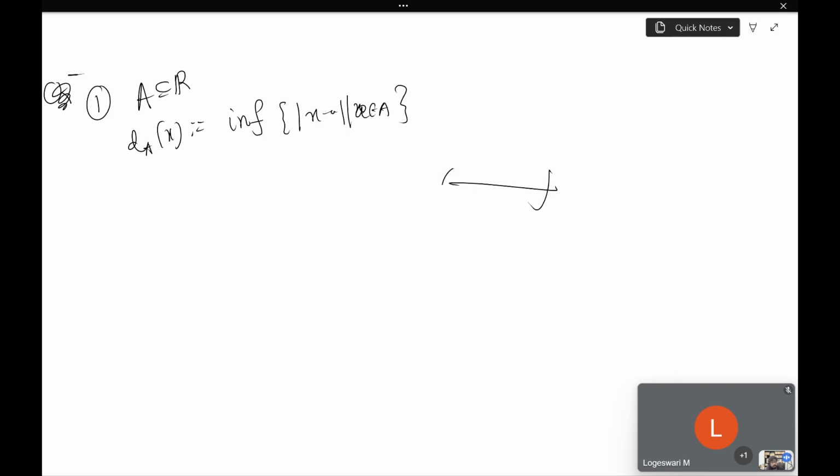Suppose this is our set capital A and x is a random point, then we look at this infimum distance. So this is the definition of the function.